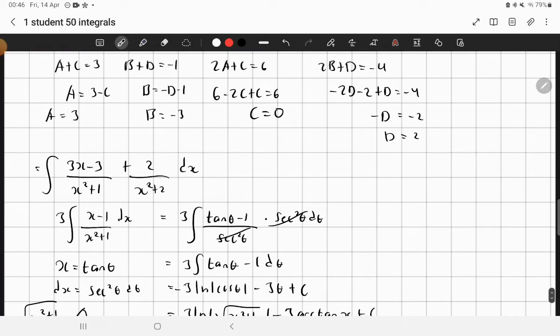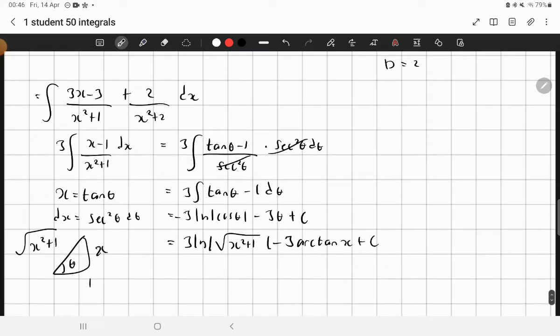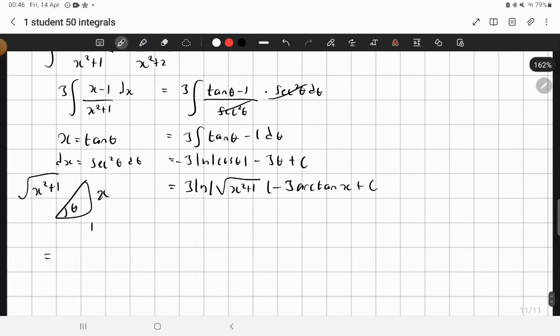So now the hard part is gone already. We are now left with 2 over x squared plus 2. If you want to integrate that, then we have to use the substitution x is equal to square root of 2 tangent theta. So I'm gonna skip a few steps, honestly.